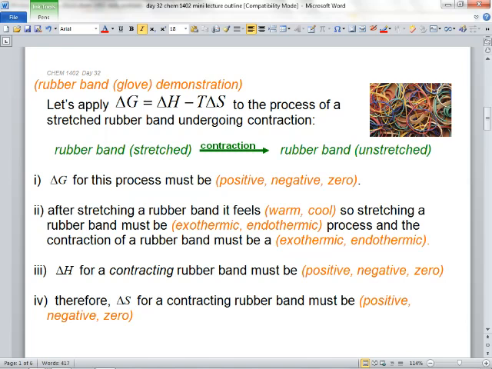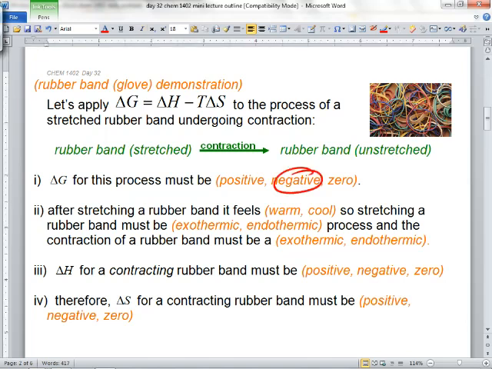Now, what's the big key about remembering about delta G? There's only one thing to remember about it: spontaneous. So the question you ask yourself, initial, final, is that spontaneous? Yeah, it happens all on its own. You can't stop it. You're going to have to stick your hand in there and grab it or something. It's definitely spontaneous.